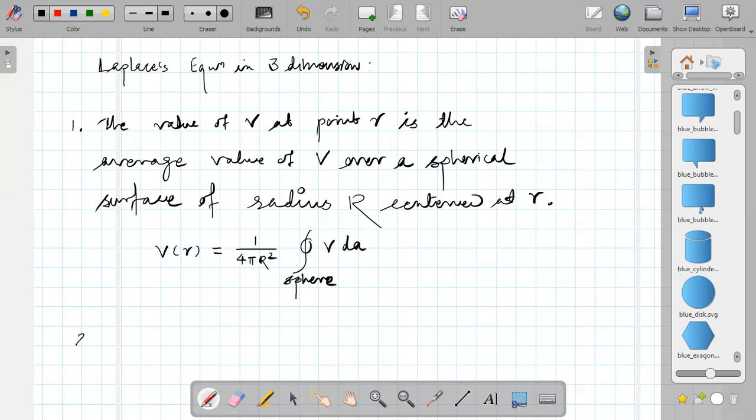Second point is we can have no local maxima or minima. This is an important word: no local maxima or minima.